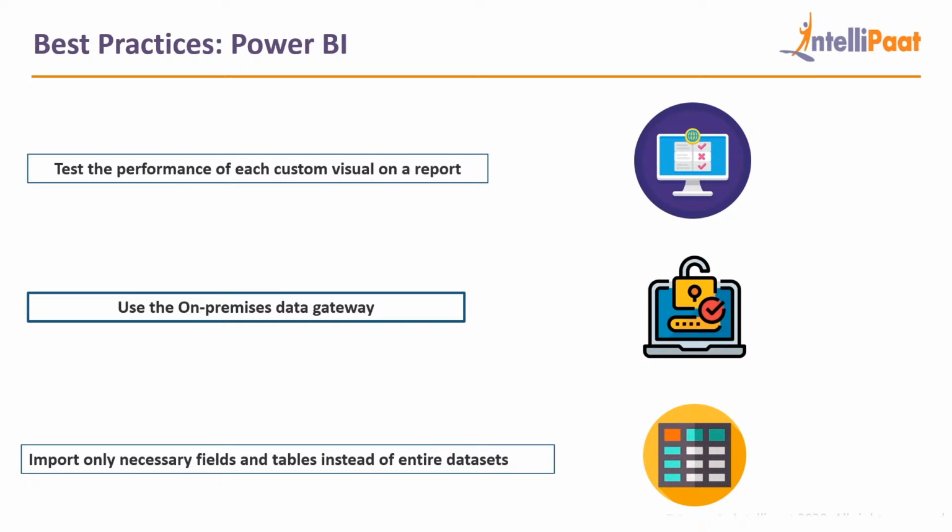So from that, let's move to the next one, which is to import only the necessary fields from the tables instead of the entire data sets. Again, something which is very straightforward and important, but a lot of people commit this basic mistake all the time. Let's say I have a sheet full of information. If you are a computer, how do you go about processing all of that?